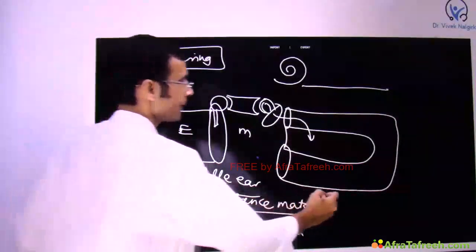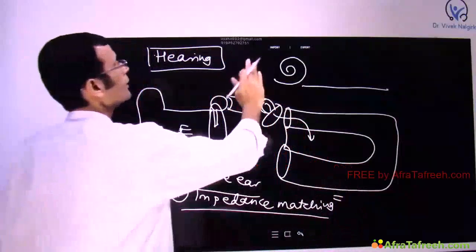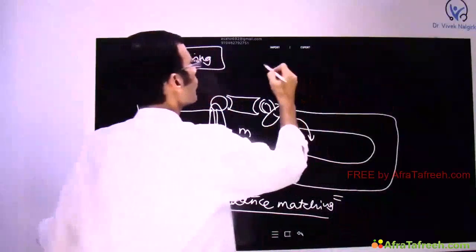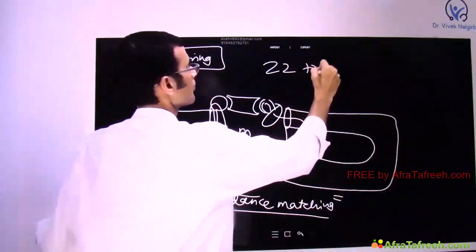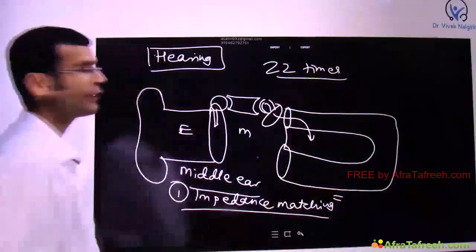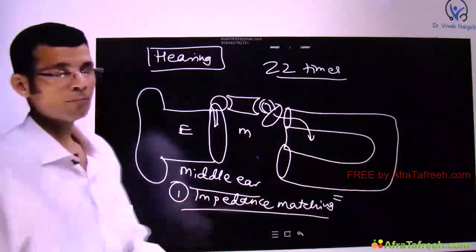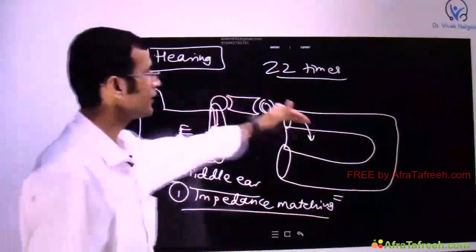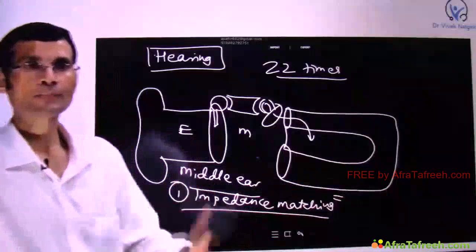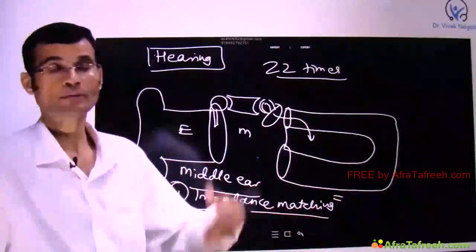The middle ear mechanisms create 22 times more force. 22 times greater pressure will be generated by the sound wave as it enters the inner ear. That sound wave pressure will be enhanced by 22 times.